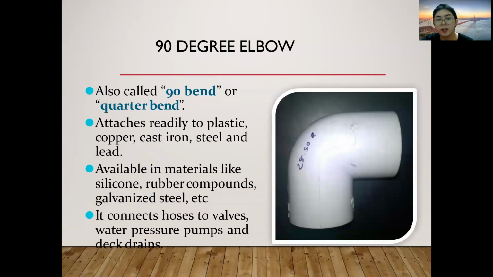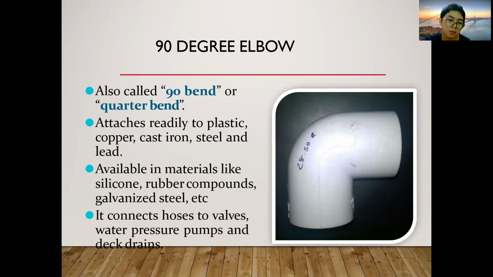The 90-degree elbow is also called a 90 bend or quarter bend, attached readily to plastic, copper, cast iron, and steel. It connects hoses to valves, water pressure pumps, and deck frames. As I said earlier, I see that most restrooms, restaurants, or some hotels use this kind of piping.